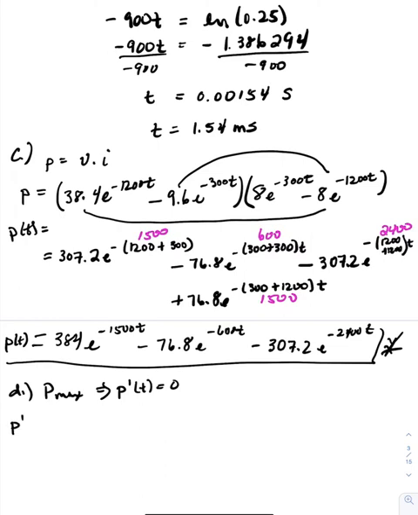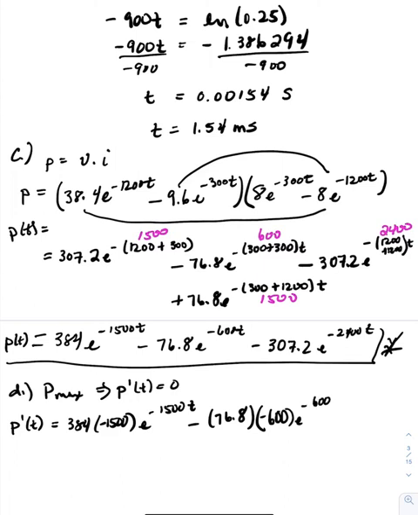So P prime of t is equal to 384 times minus 1500 e to the minus 1500 t, minus 76.8 times minus 600 e to the minus 600 t, minus 307.2 times minus 2400 e to the minus 2400 t.